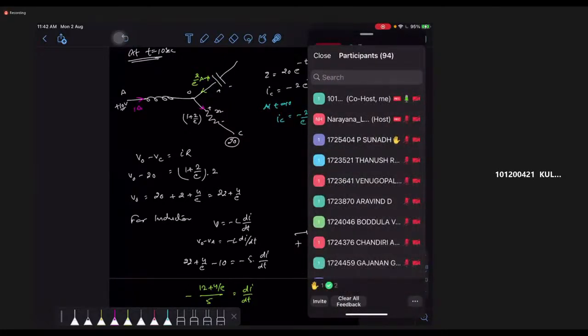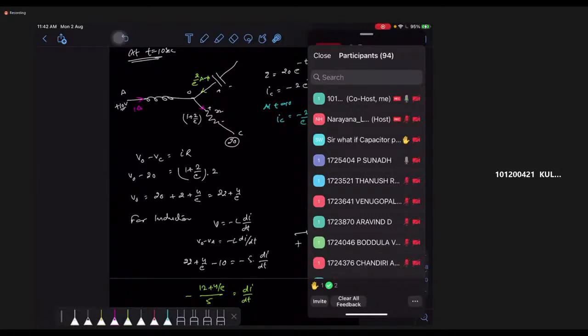Oh yes, Sunat. Sir, after 10 seconds there will be some current change, no, sir? Even now we are taking 1 ampere only passing through the inductor. Oh, what you are saying? Okay, you're right.